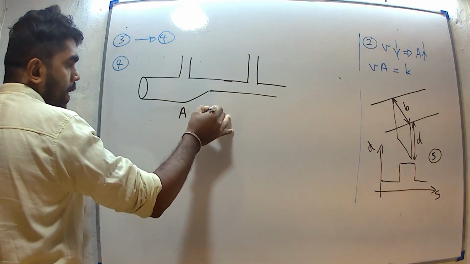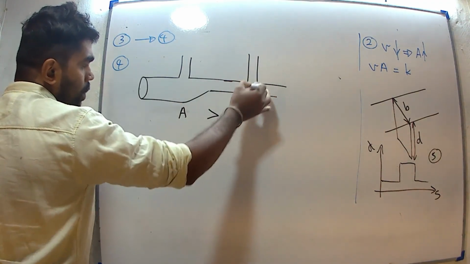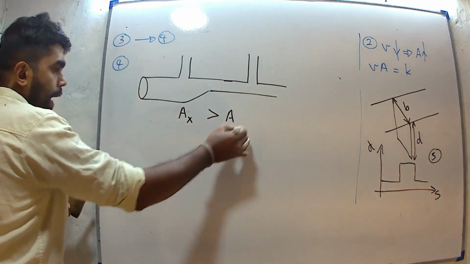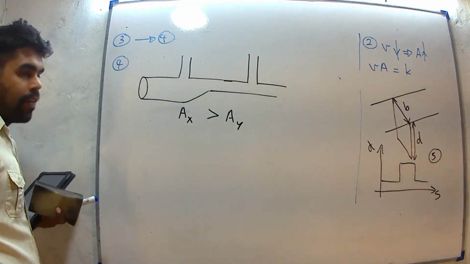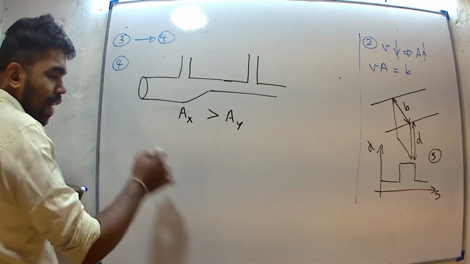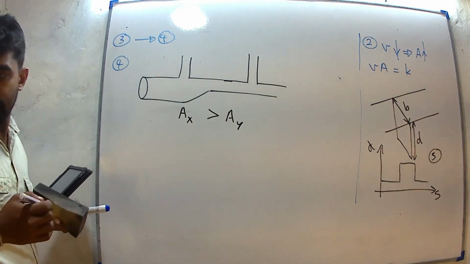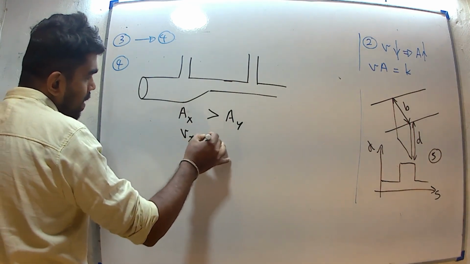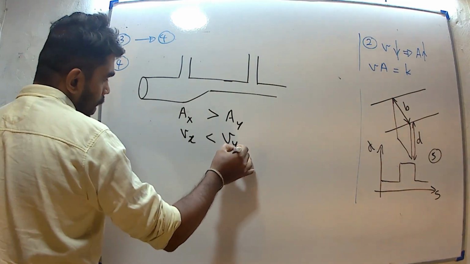Area is greater than area of this pipe. Ax, Ay. And we know that if there is a steady flow, AV should be constant. It means velocity of x should be less than velocity of y.